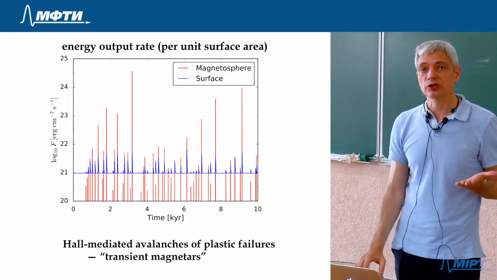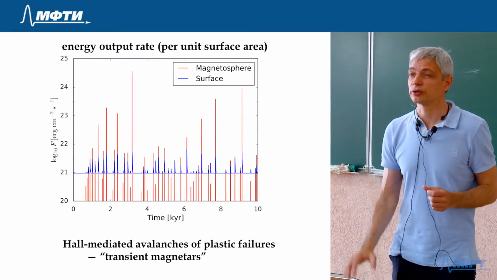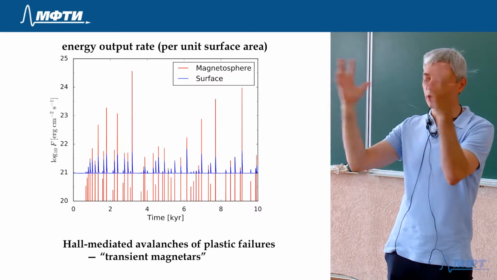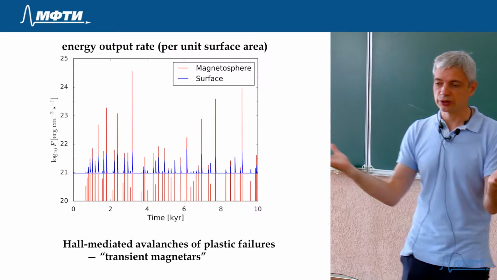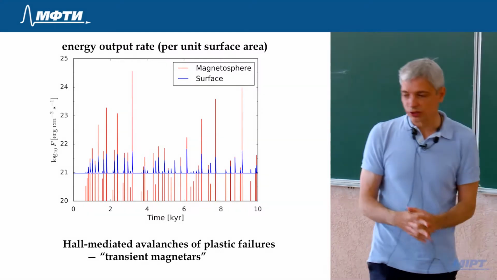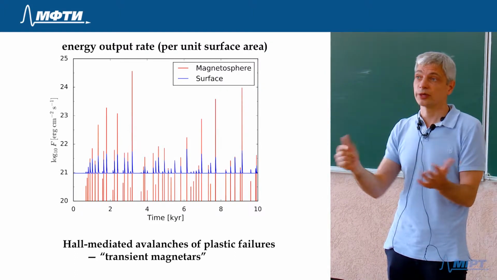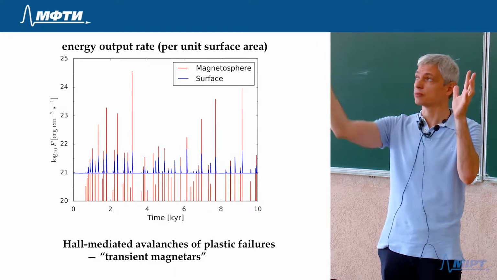So it gives a nice actual explanation for the transient magnetars that I discussed yesterday, remember. There are magnetars that keep shining persistently with a hard spectrum for a long time, continually, throughout the entire history of observations, like 30, 40 years. And there are some magnetars that we didn't know about, that suddenly switched on with a burst. Like the Swift satellite is patrolling the sky, boom, a burst came from some direction.